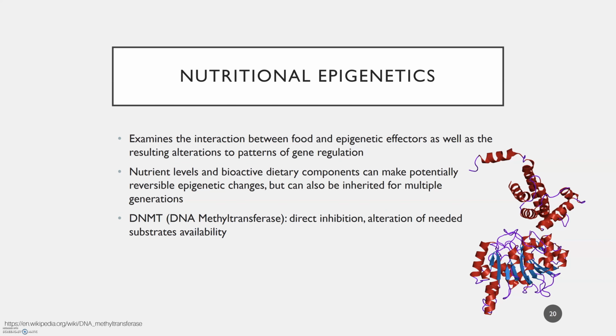So, we've seen a little bit about how external influences like smoking in conjunction with genetics are associated with disease processes. Now, let's take a very brief look at another major environmental exposure that can affect our epigenome. Like the name suggests, nutritional epigenetics examines the interaction between food and epigenetic effectors, as well as the resulting alterations to patterns of gene regulation.